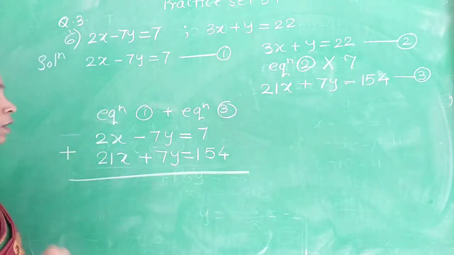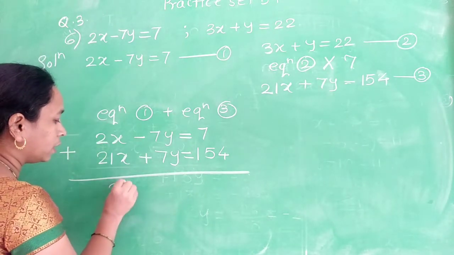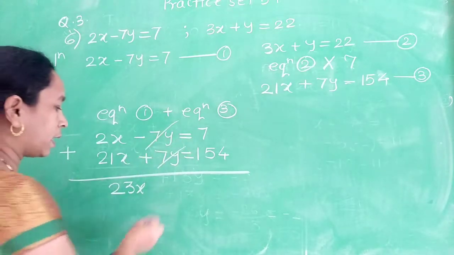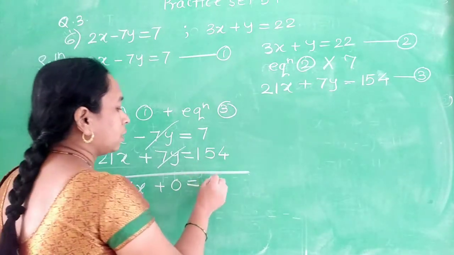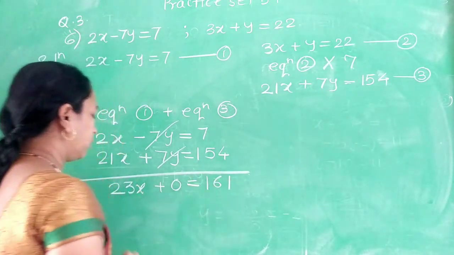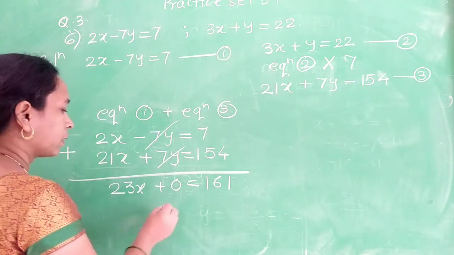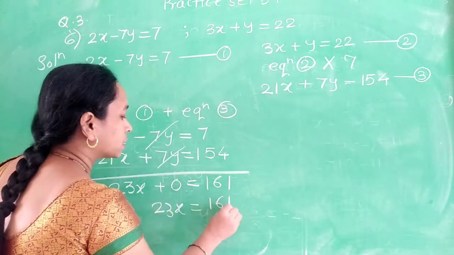Here we have to add it. 2x plus 21x will become 23x. 7y minus 7y will cancel, it will become 0. And the addition is 161. So 23x is equal to 161.